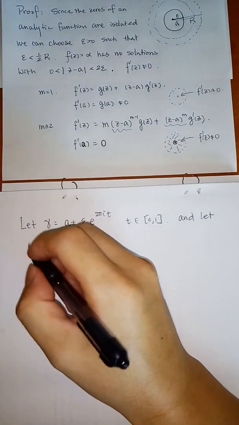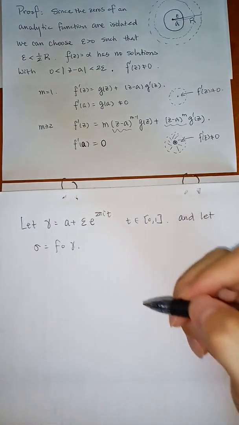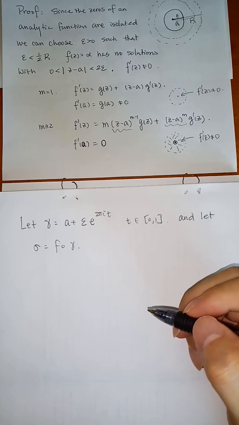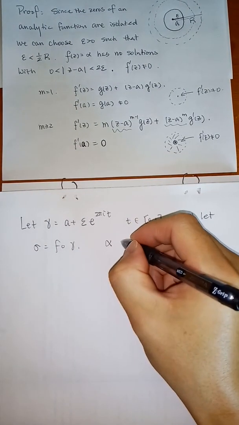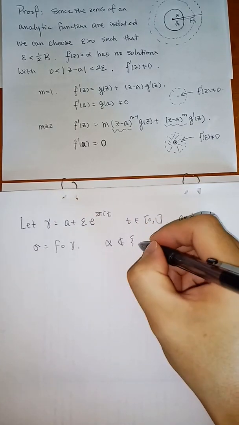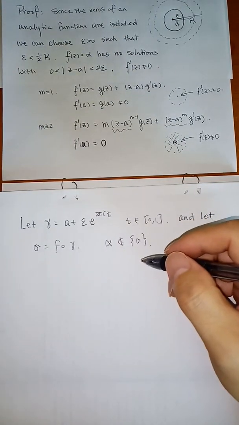Let sigma be f composed with gamma. And alpha does not belong to the trace of sigma. Alpha is in the center.